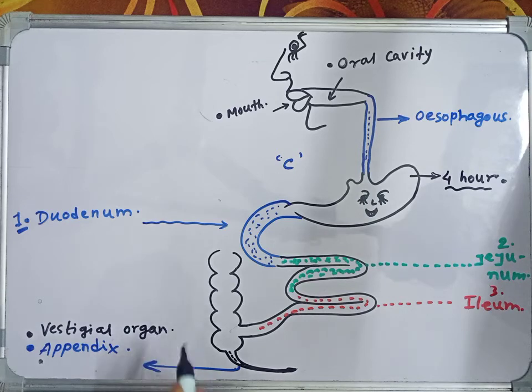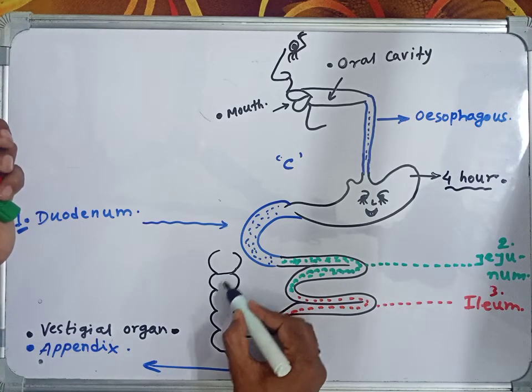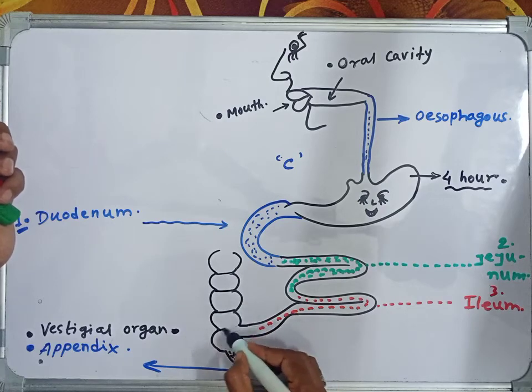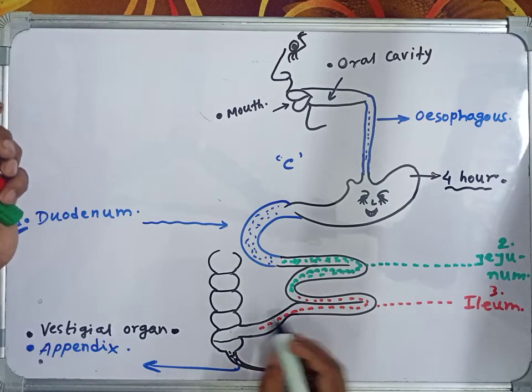What is the meaning of vestigial organ, my dear student? You need to understand this. Vestigial organ means this organ is still present in our body, but it is not functional, right? And this is part of our large intestine, right?